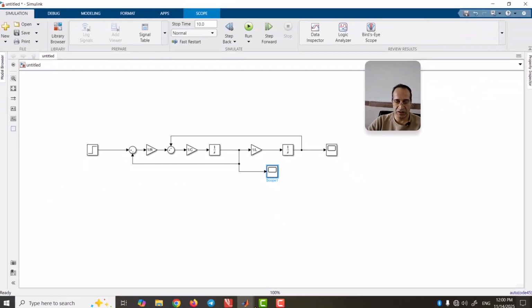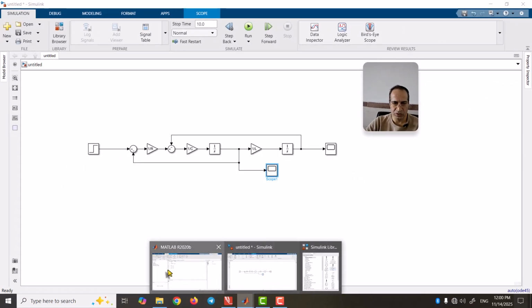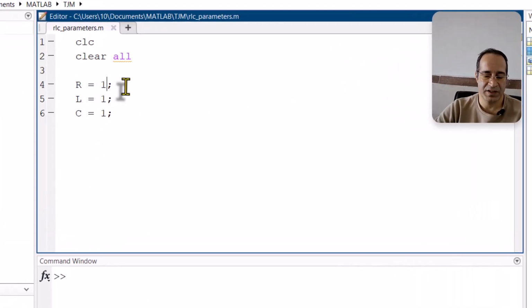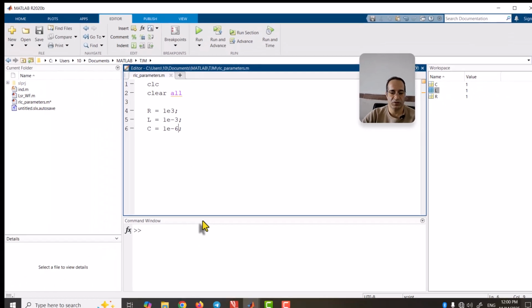I can change the values over here very easily. For example, I write 1K for resistor, 1 millihenry for inductor, and 1e-6, 1 microfarad, for capacitor, and then run the simulation again.